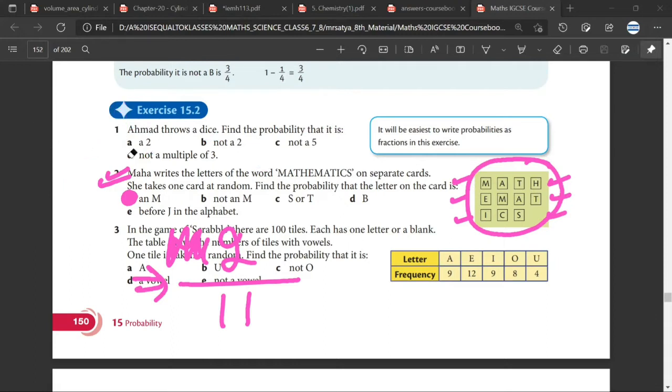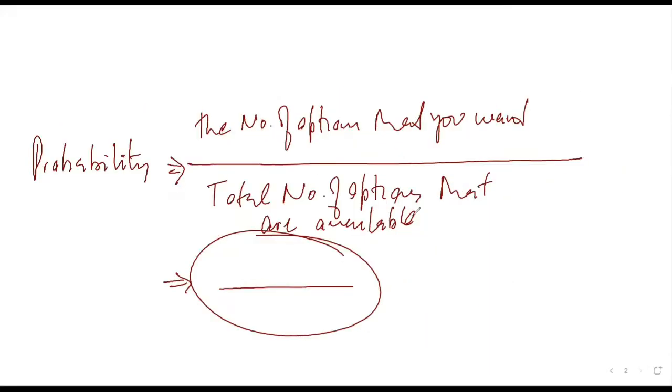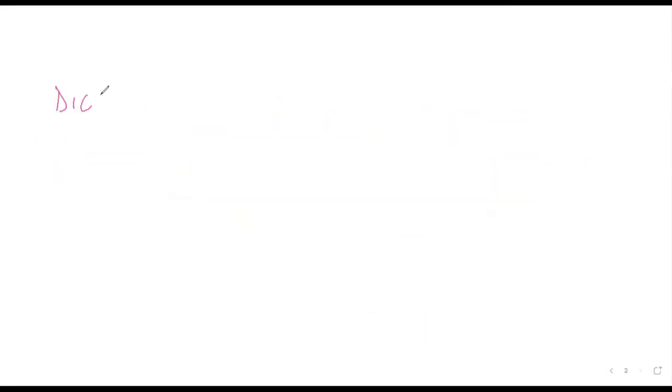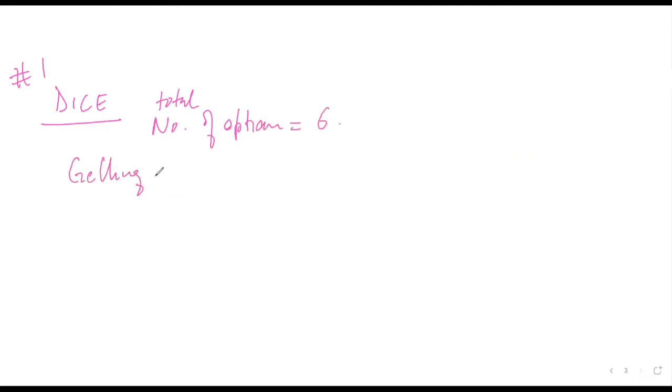See, what I'm trying to tell you, Satya, is when you have a question for dice, total number of options is 6. Do we agree to this? Yes, sir. Getting a 2, the total number of options is 1. Do we agree? Yes, sir. Getting a 5, the total number of options is 1. Do we agree? Yes, sir.